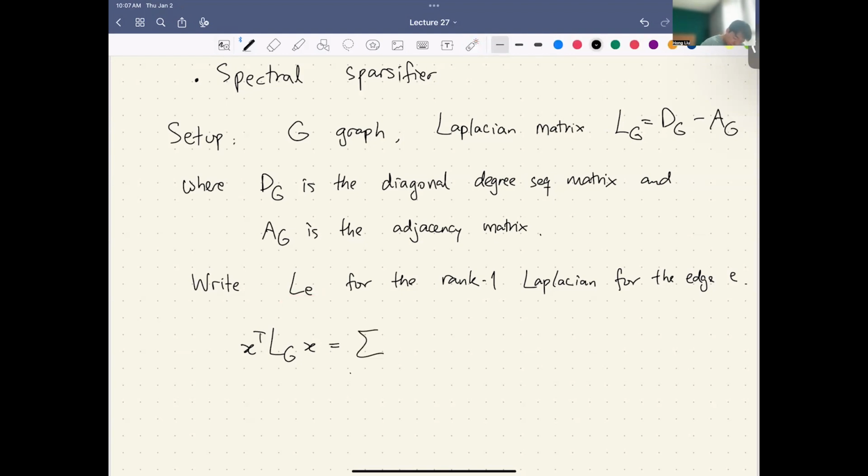So sum over all edges in the graph, x transpose LE times x, right? This can be easily computed. If it's not clear, I'll leave it as exercise. The sum over all edges E, let's say E has vertices u, v, of (xu minus xv) squared.